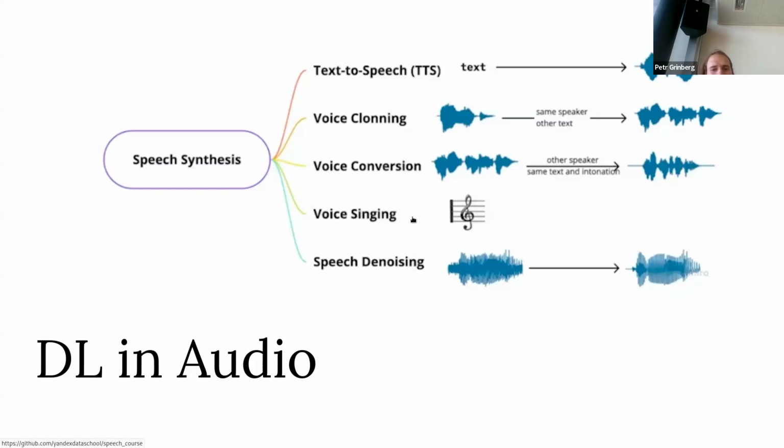For example, voice singing, when we want to create a voice that sings some vocals, and speech denoising, when we have speech plus some noise, and we want to get clean speech from this. Also, there is speech separation, which is kind of like speech denoising, but instead of noise, we have several speakers talking at the same time.